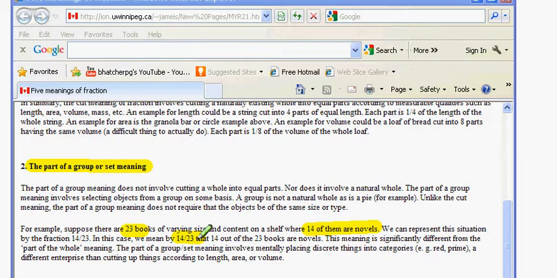The 14 out of 23 doesn't imply that the 14 are the same size as all 23. So in this question you're talking about parts of a group or parts of a set, and it doesn't imply that they have to have equal size pieces or equal area or equal volume or equal length. This one's a little harder to understand for many people.